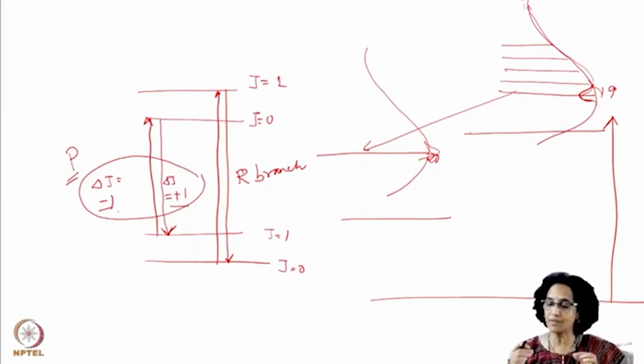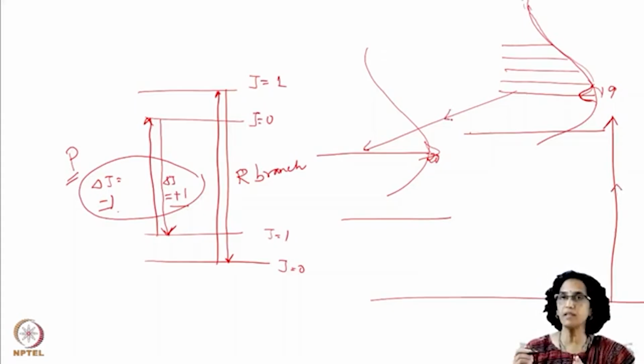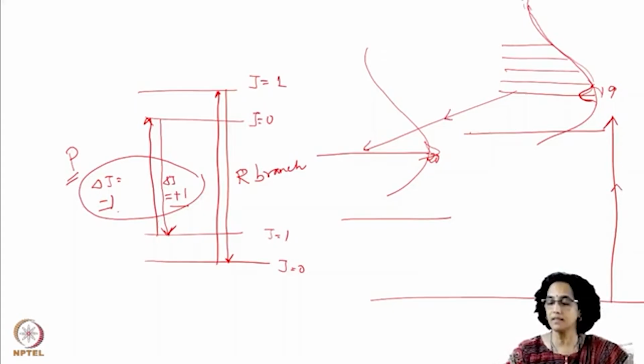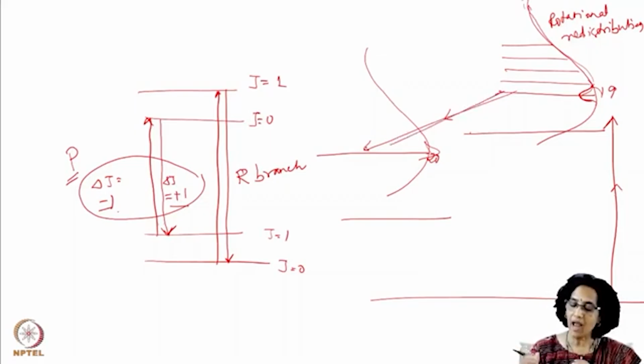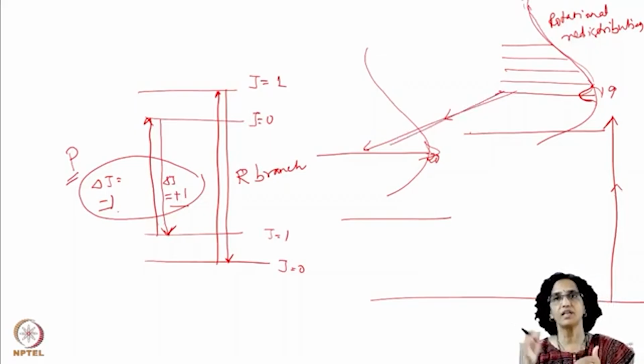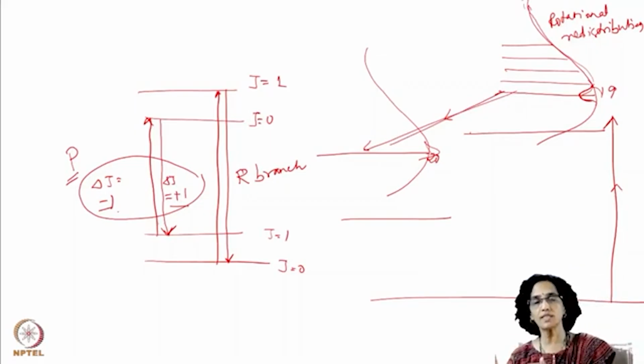But when the collisions are rampant, in case of a CW system, finally there is a balance. Initially, there will be some transients, but finally there will be a balance between the rate of excitation, the stimulated emission rate, and these rotational redistribution, that happens due to collisions. So that an inversion is maintained between these two levels, and a continuous lasing takes place, and we have a constant output.